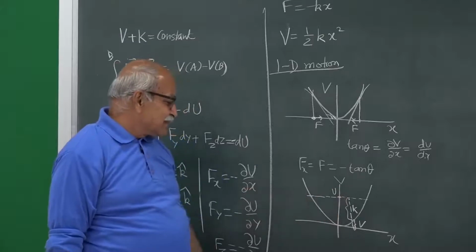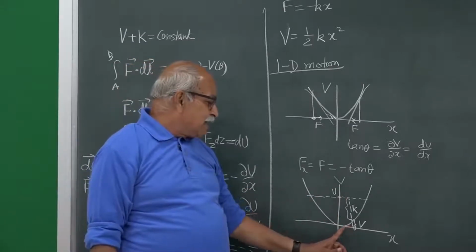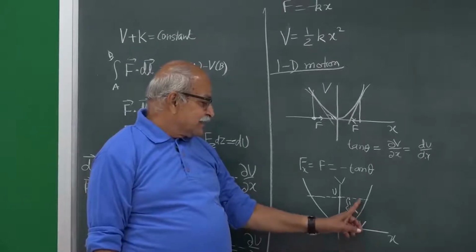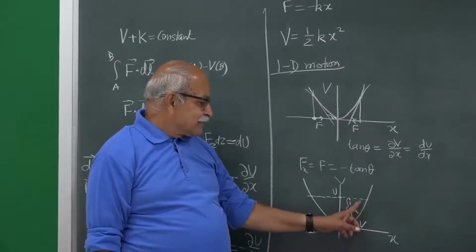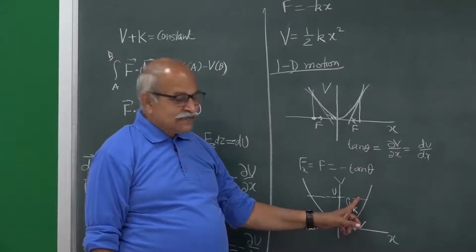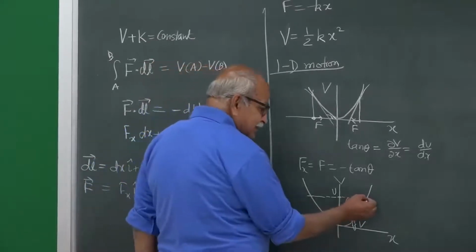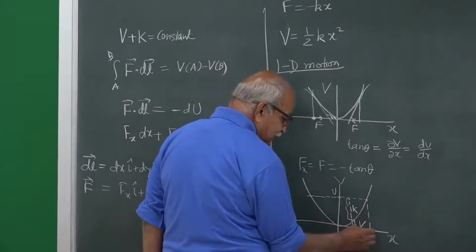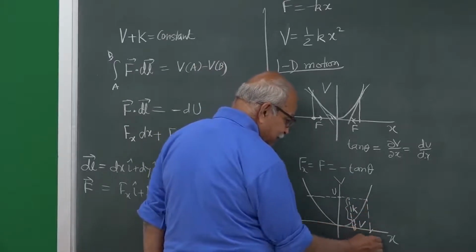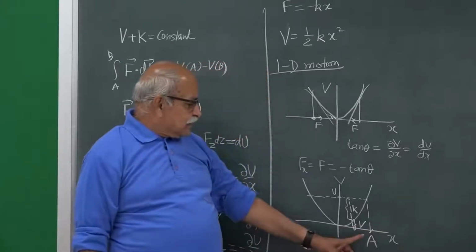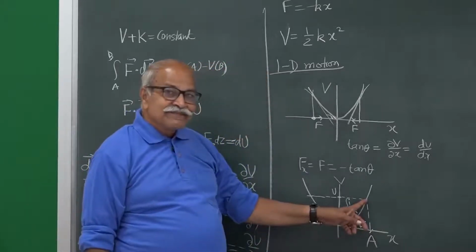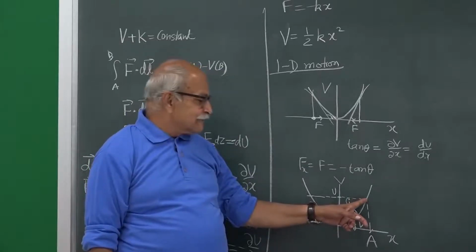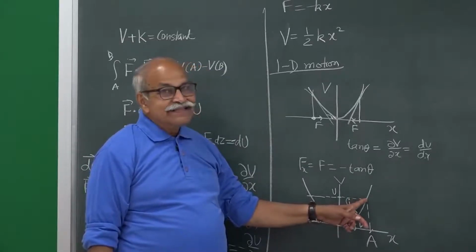Now you can see if the particle is moving away from the origin, the potential energy is increasing, the kinetic energy is decreasing, the total remains u. And if the particle reaches this particular point here, call it x equal to a, what happens? This is the potential energy, and this is also equal to the total mechanical energy, and therefore the kinetic energy is 0.